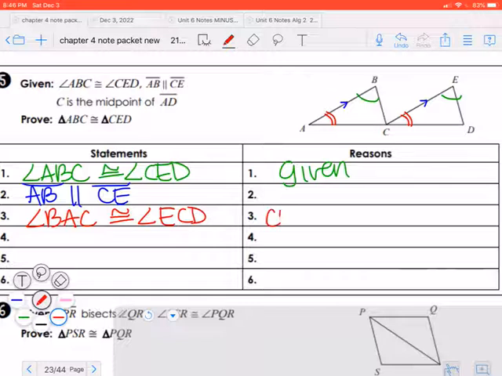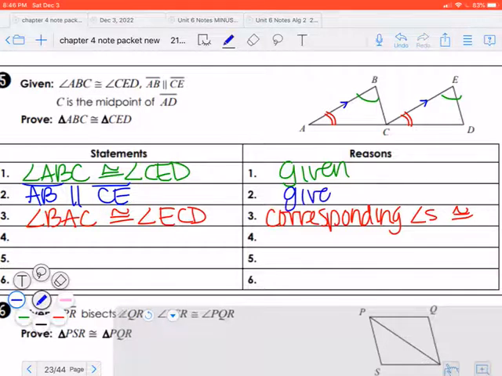And that is corresponding angles are congruent. And the one above, I forgot to write given, so let me just do that really quick.